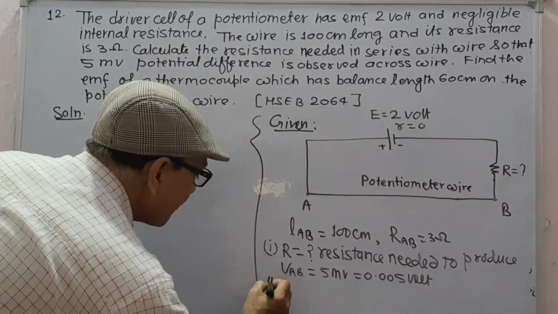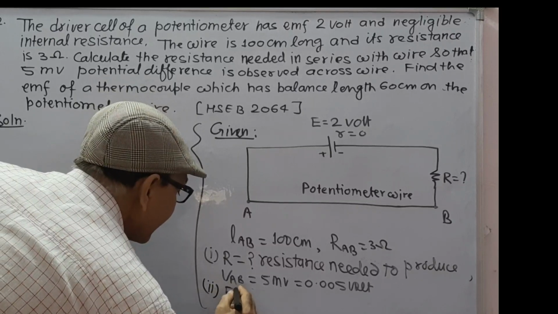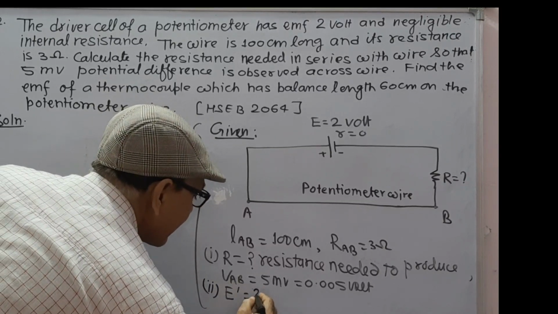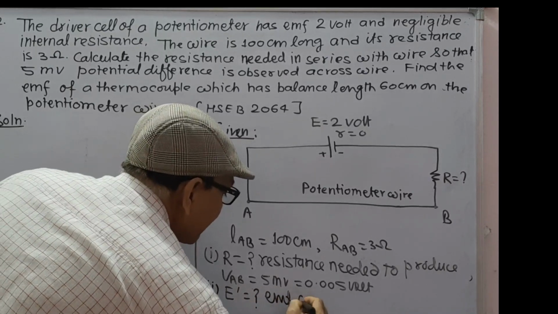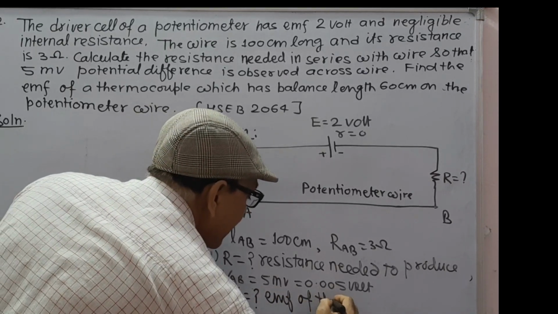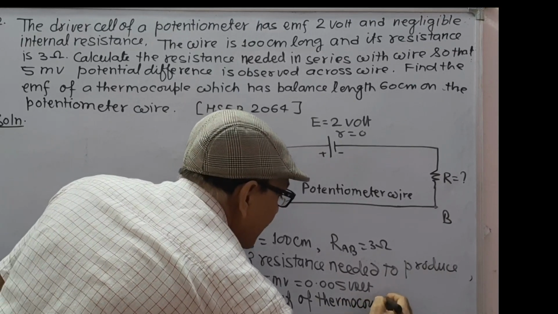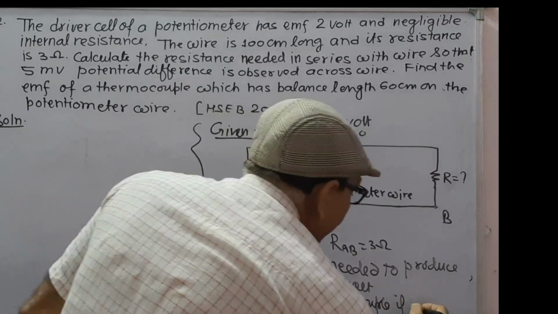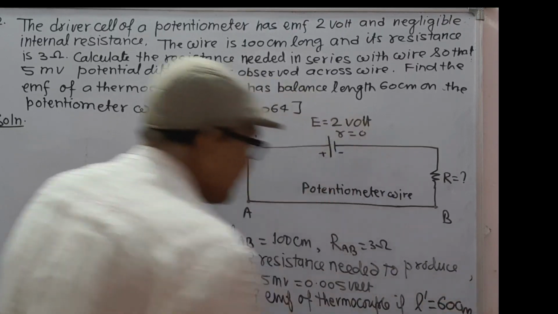Second, E dash will be what? EMF of thermocouple if L dash is equal to 60 cm.